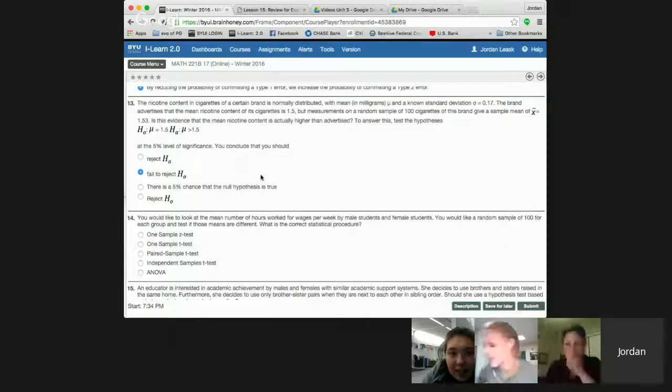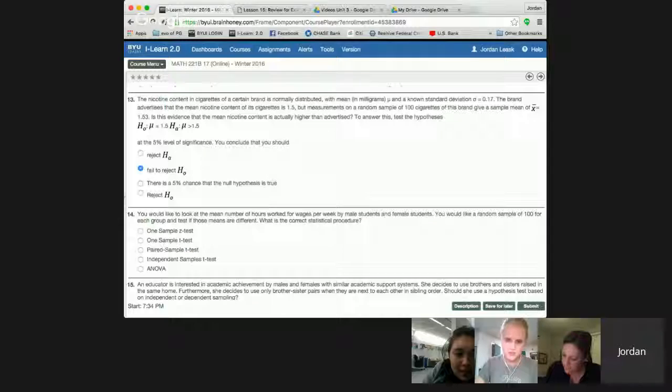So if sigma is not known, is that the one sample t-test? Yes. Okay. So let me see if I can share my screen. I remember there being a chart on the homework, so I can show you. There was something about this. There was a big chart that you could fill in.